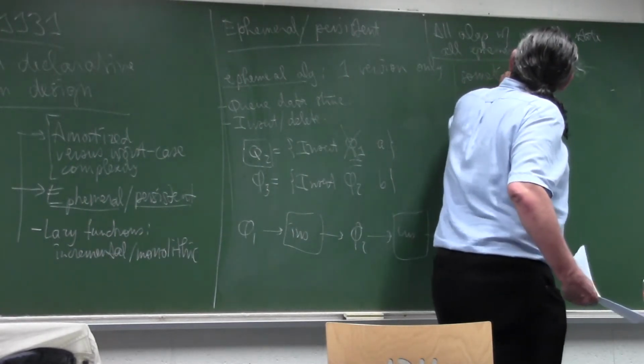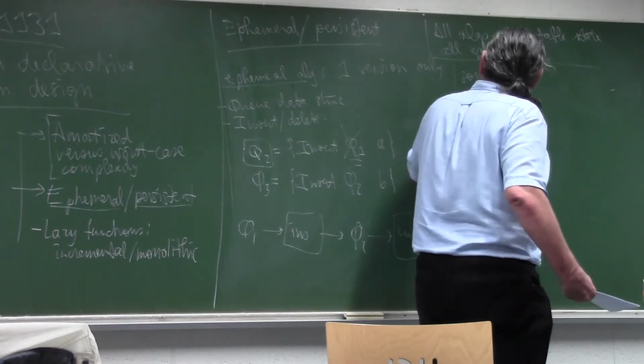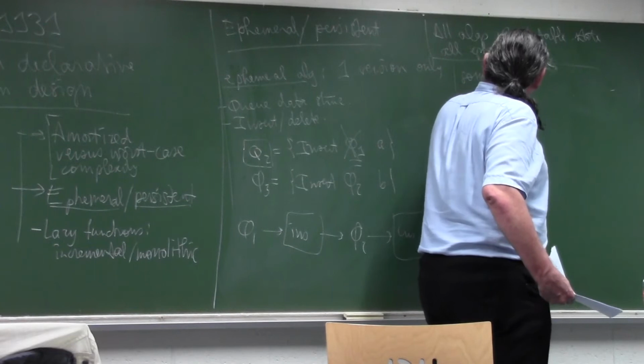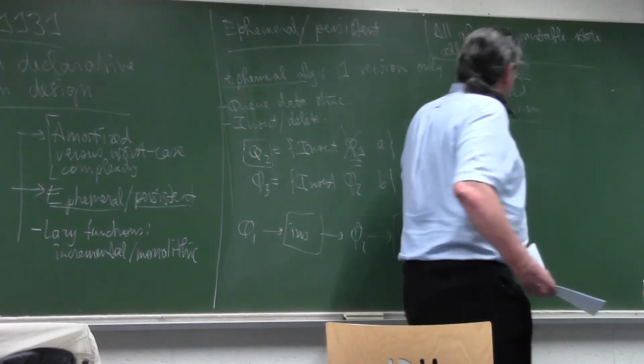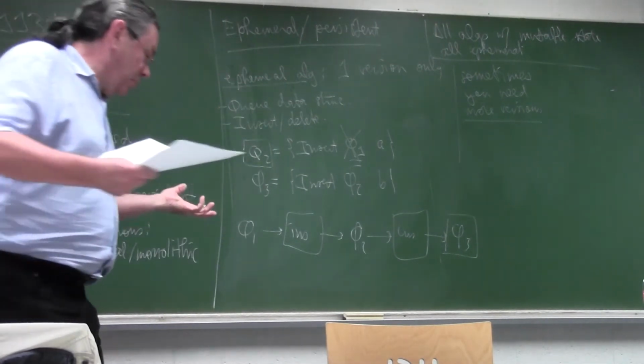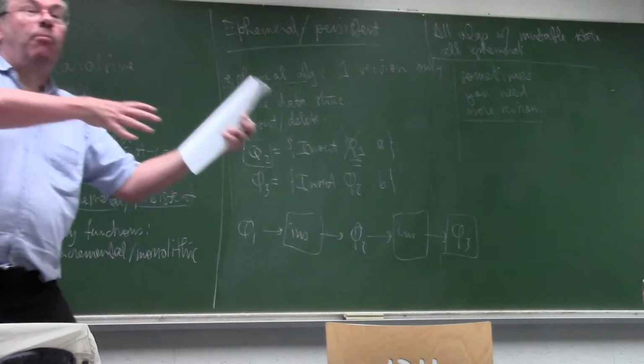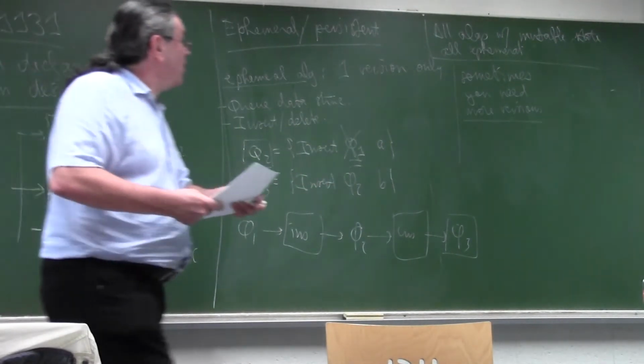Okay? So, for example, if I do Git, I do software development, I have a repository, somebody can create a branch, which is another version. Okay?